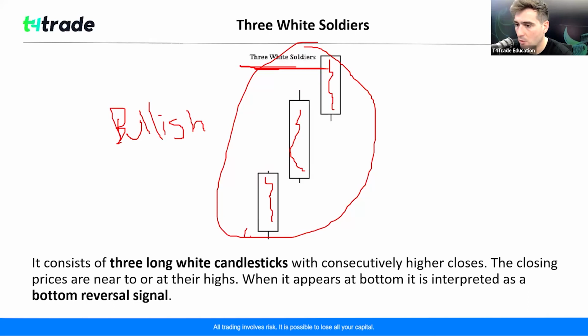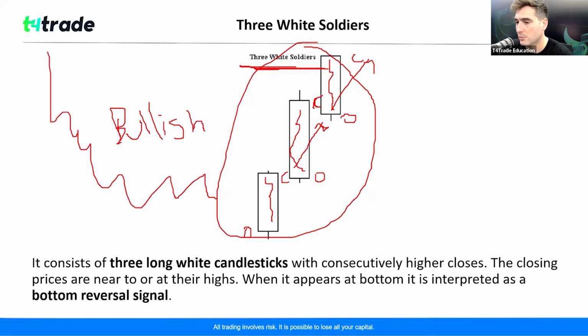So we have here open price, close price, open price, close price, open price, close price, okay. So sequential higher closing prices. If this is found in a downwards moving market, it serves as a bottom reversal signal.